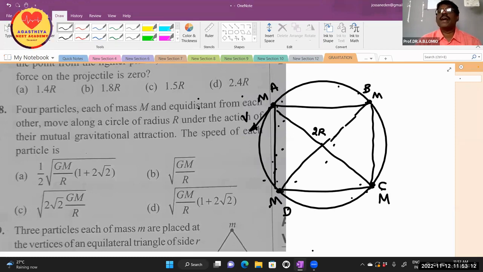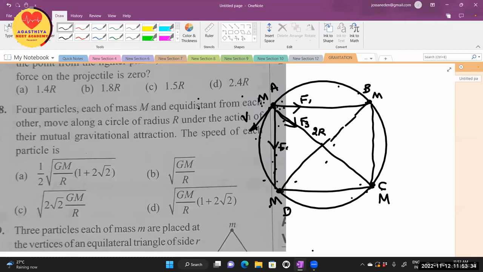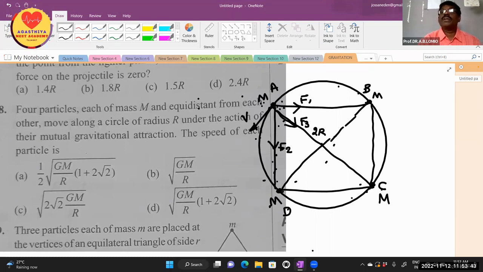Consider the masses A and C. The force of attraction will be acting like this, let it be F3. The force of attraction between A and B will be like this, say F1. The force of attraction between A and D, F2. Therefore, with respect to point A, three forces are acting: one horizontal force, another vertical force, and the third one F3.